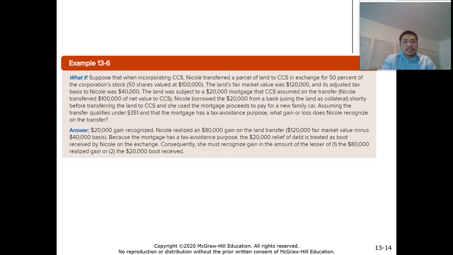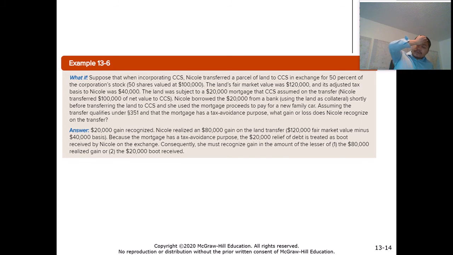Nicole borrowed $20,000 from a bank using the land as collateral shortly before transferring the land to CCS, and she used the mortgage proceeds to pay for her new car. Assuming the transfer qualifies under Section 351 and that the mortgage has a tax avoidance purpose, what gain or loss does Nicole recognize on the transfer?